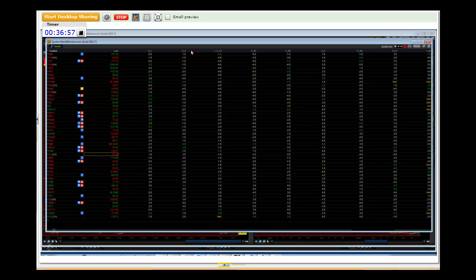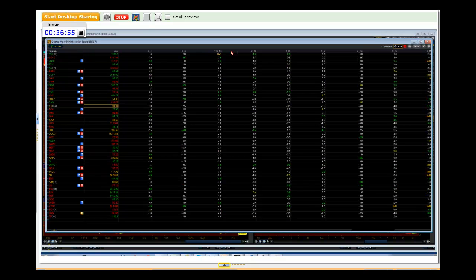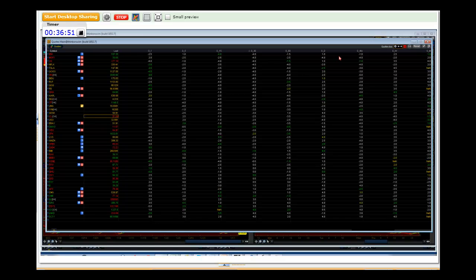Here's 5 minute. Here's 15 minute. What I constantly look for when I'm looking for swing trades, I'll be watching the daily right here, the weekly right here, and the 60 minute. I'll primarily be watching the daily, the 60, and the weekly, looking for these compression squeeze type trade setups.